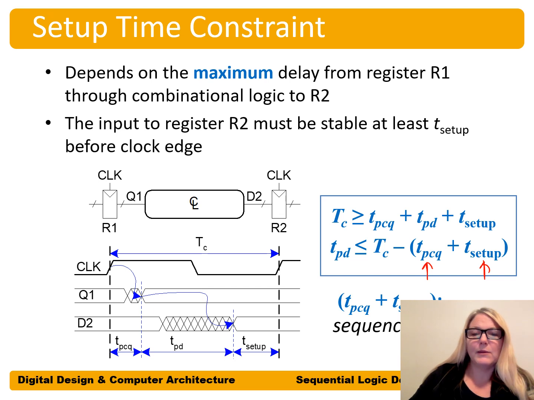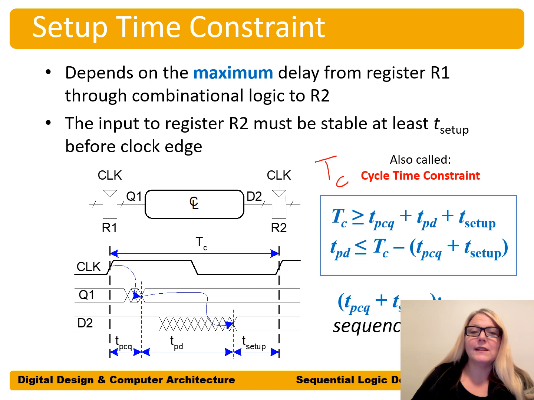And so this TPCQ plus T setup is called the sequencing overhead, because of the sequencing of our inputs and of our circuit. So remember that this calculation of TC is called the setup time constraint. It's also called the cycle time constraint.